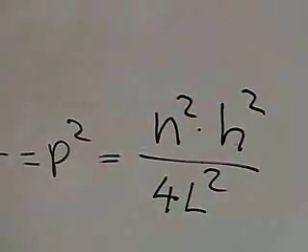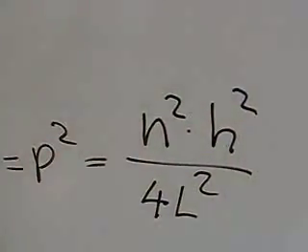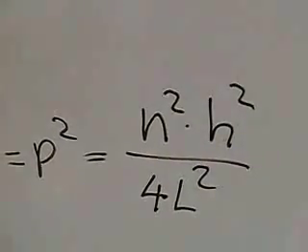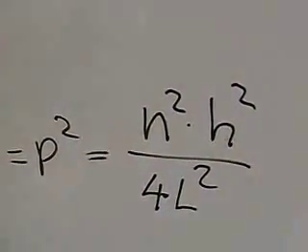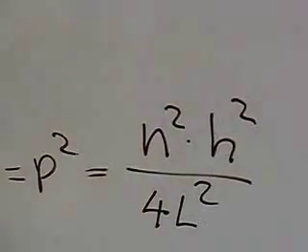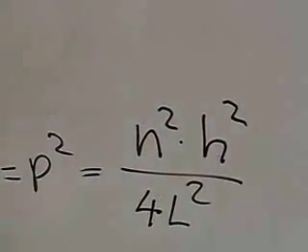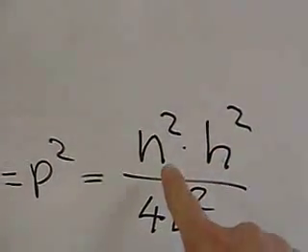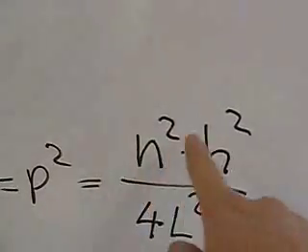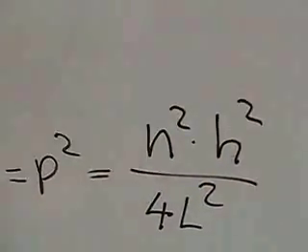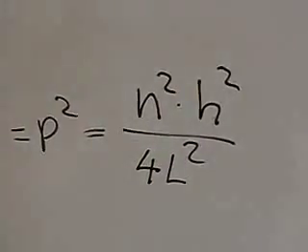So momentum squared equals n squared times h squared divided by 4L squared. Now, I'm sorry that my n and h look very similar to each other. I'm trying to make the leg of the n a little shorter than on the h, so that's how you can distinguish them. So let's go back to the energy.